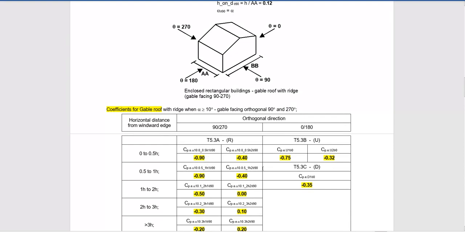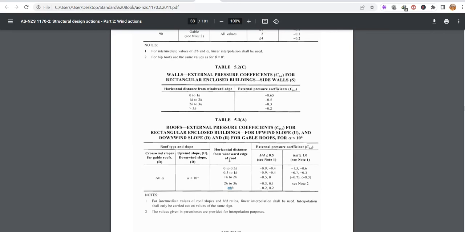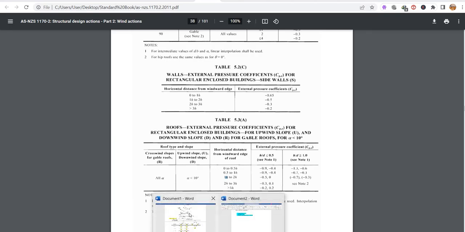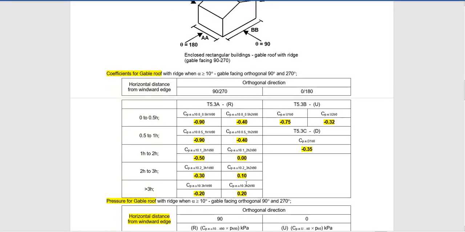In this case, we have only two cases for CPE value, because the code gives us two values, which are 0.9 and 0.4 for 0 to 0.5h. For 0.5 to 1h, it is 0.9 to 0.4. For 1h to 2h, it is 0.5 and 0. It's quite easy. It's not tricky.